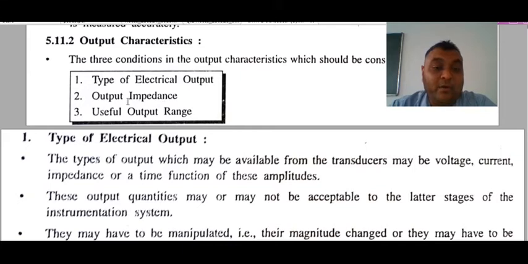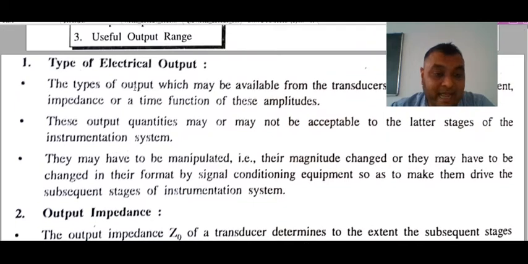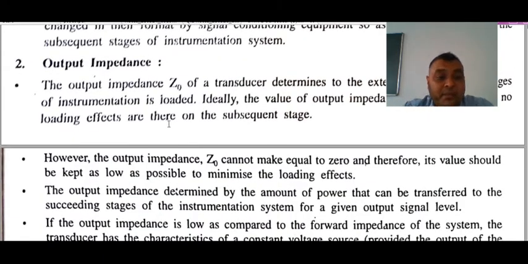Then we will see what the output impedance is and what the useful output range is. So over here, we already discussed the type of electrical output, which kind of output will be measured in that transducer. Then we will see output impedance.